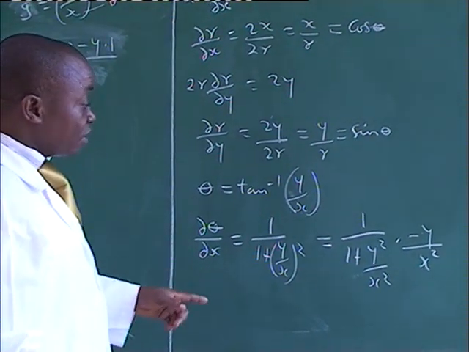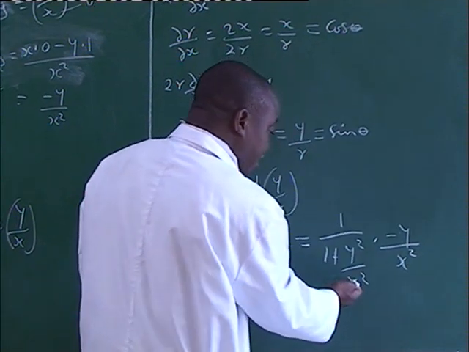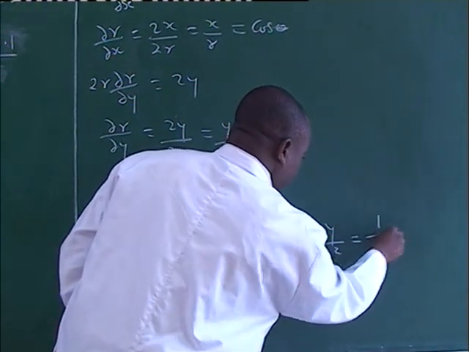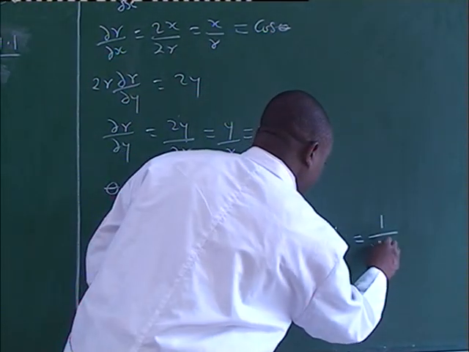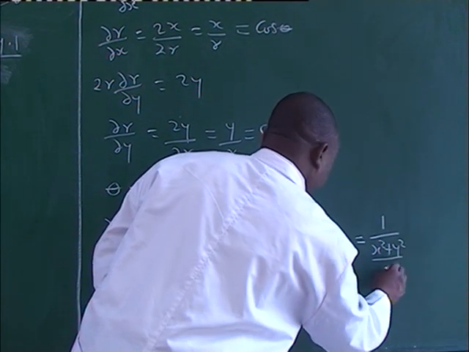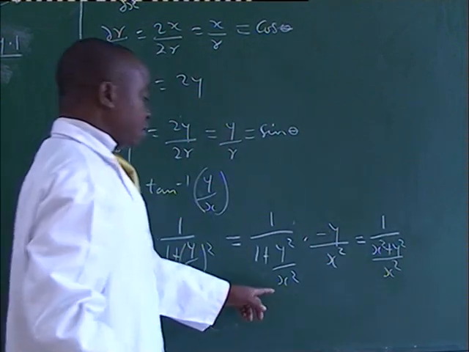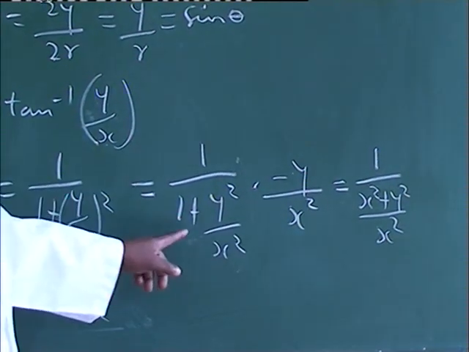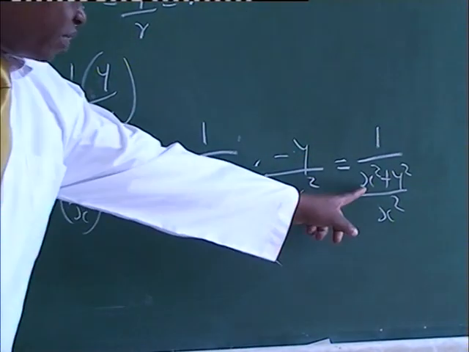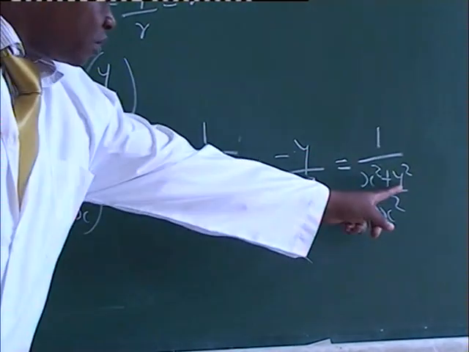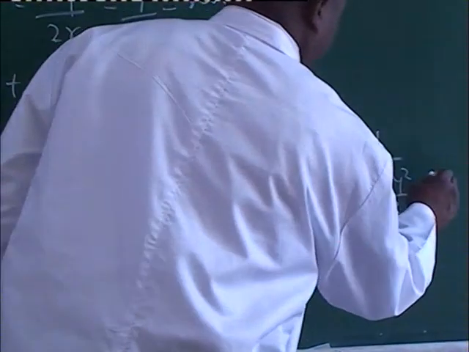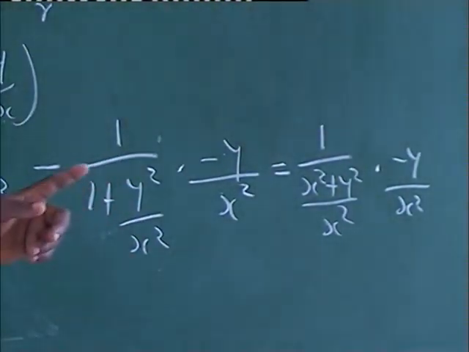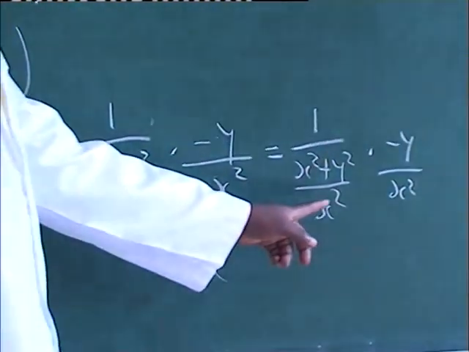Now, if you look at that, if I take the LCM of this one, then I will have 1 over x squared plus y squared over x squared. You know, my LCM is x squared. So this is over 1. X squared divided by x squared times here, you have x squared. Then if you go this way, you have y squared over x squared times minus y over x squared. Now if you do that, you see that this one can cancel this.